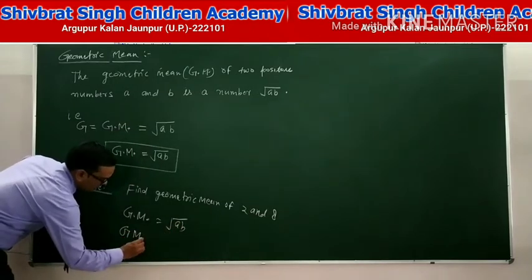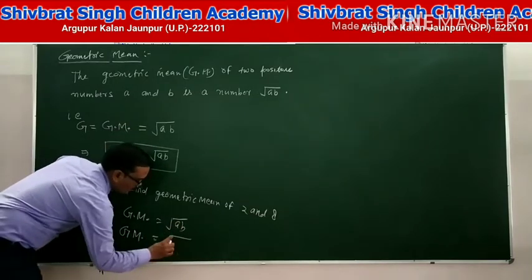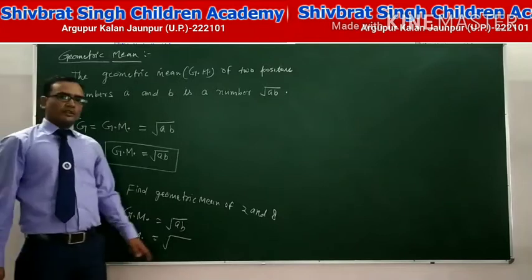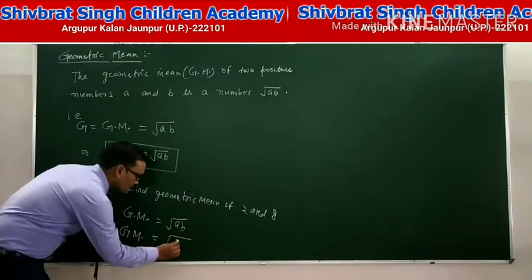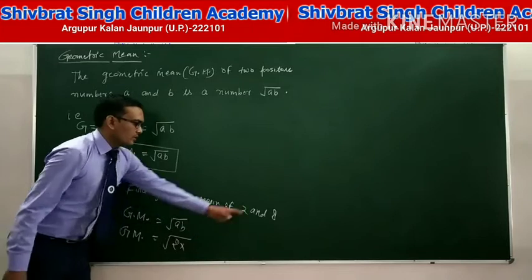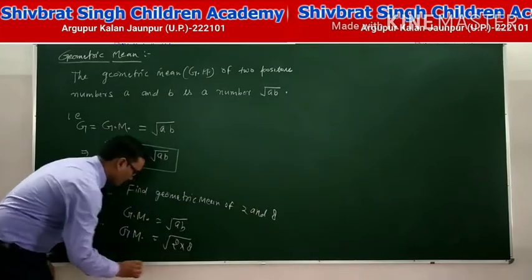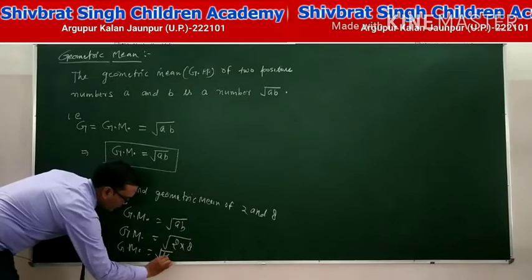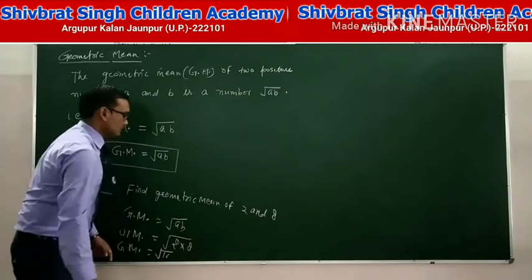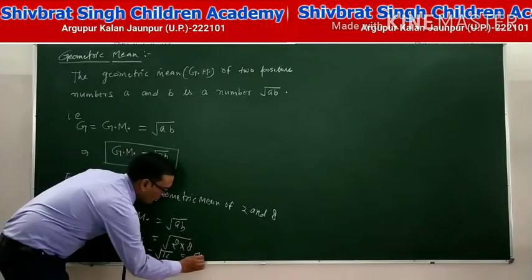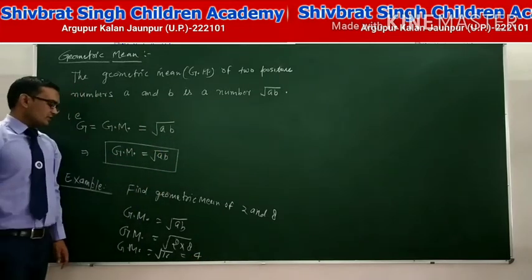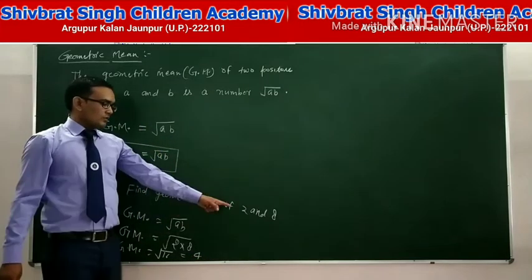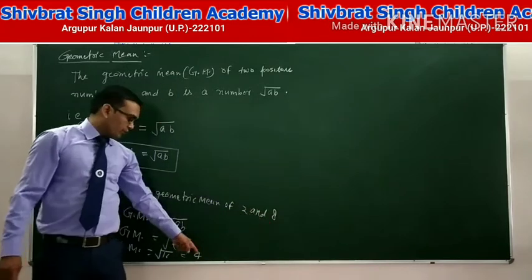Here the value of A equals 2 and value of B equals 8. Then geometric mean equals square root 16. This gives the value 4. That means geometric mean of 2 and 8 is 4.